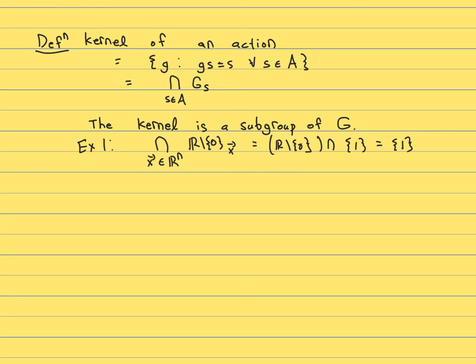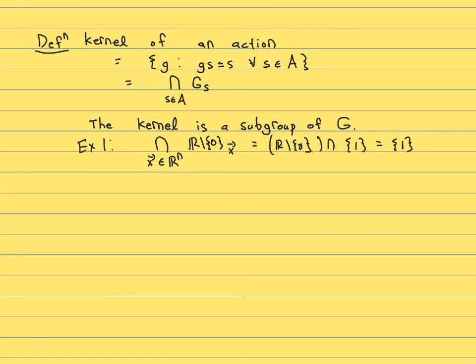So as a first example, let's look at our action of R scaling real vectors. So the kernel should be this intersection over all vectors, the stabilizer subgroup of that vector. As we saw previously, when you take the 0 vector, the stabilizer subgroup was all non-zero real numbers.